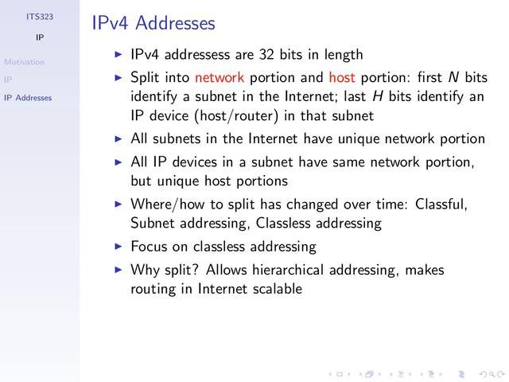A, B, C, D. We cannot have A, B, B, B, because these three subnets would not be unique. And all the devices within one subnet must have unique host portions. 1, 2, 3, 10. It cannot be 1, 1, 1, 10. The host portion would not be unique. So that's what's required for our addresses.